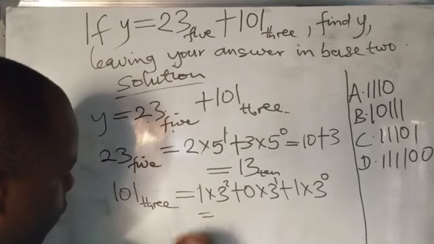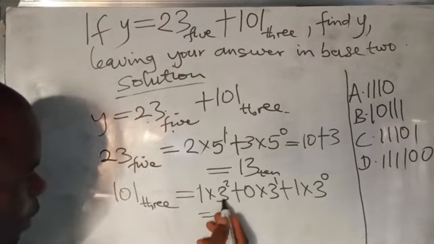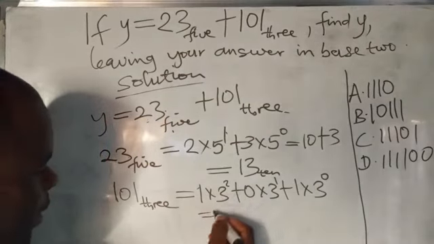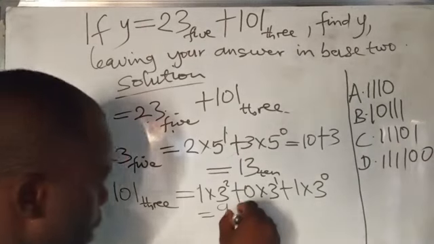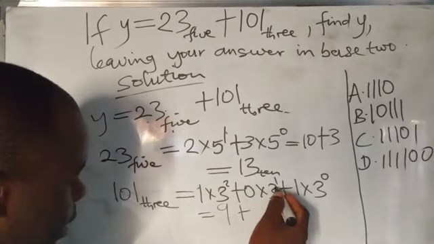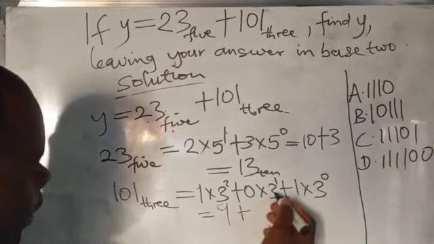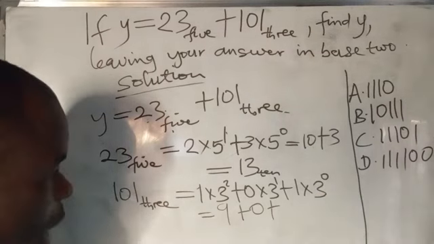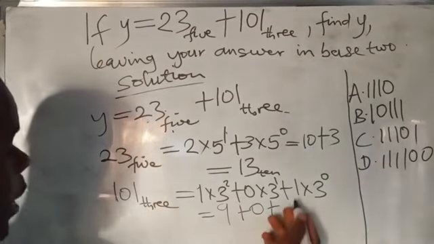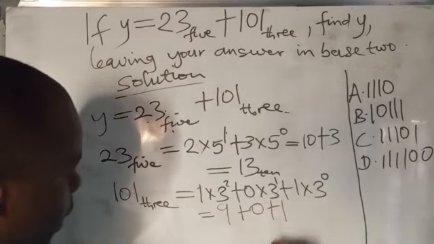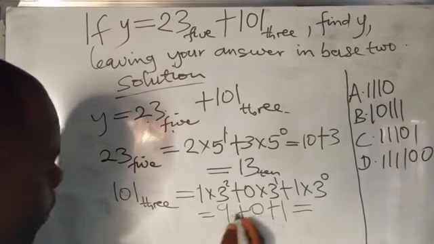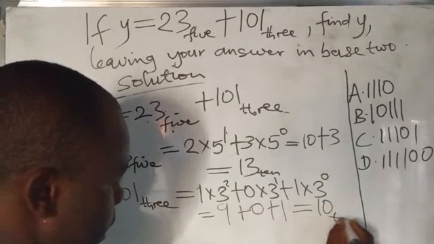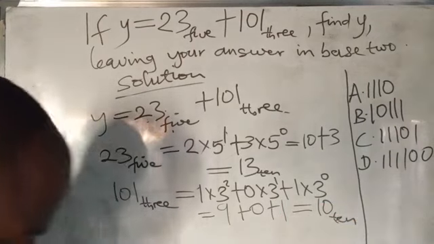So now, 3 squared is 9, and 1 times 9 is 9. Plus 0 times 3 power 1 is 0, plus 3 power 0 is 1 because anything raised to power 0 is 1, then 1 times 1 is 1. This is equal to 9 plus 0 is 9, plus 1 is 10 base 10. You see? Good.